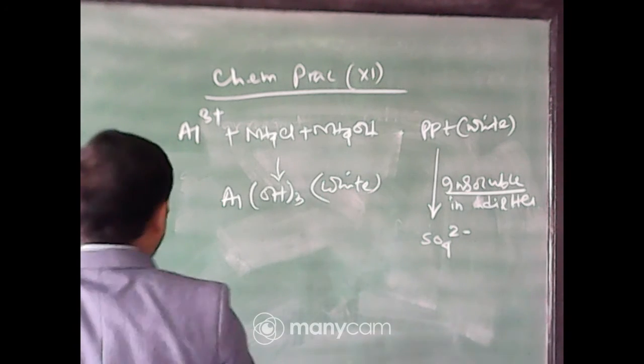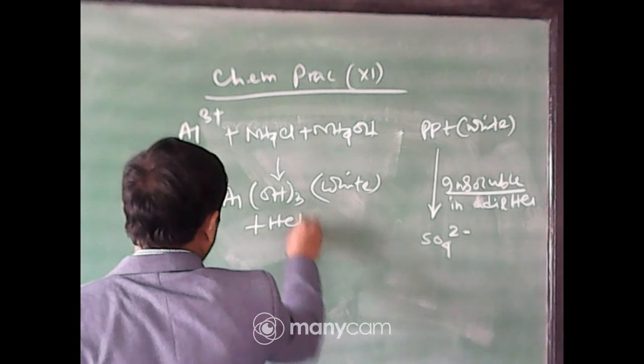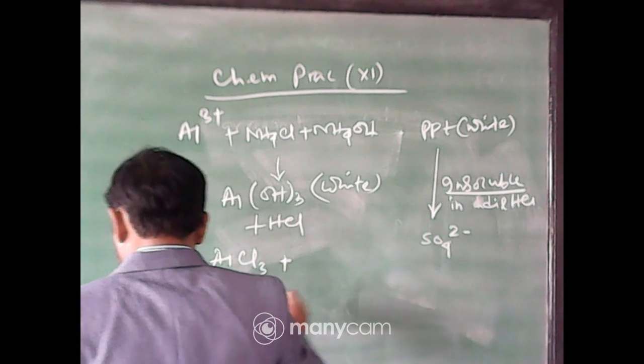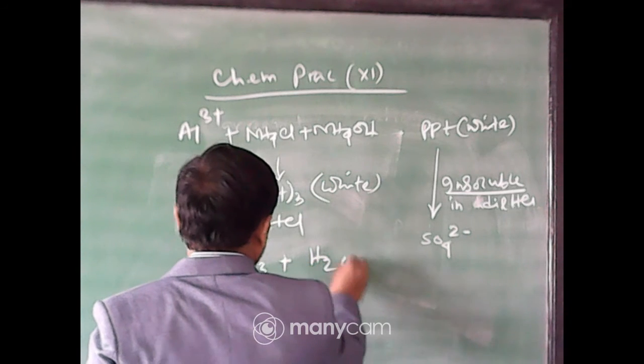Okay. When you add HCl here, it will produce AlCl3 plus H2O.